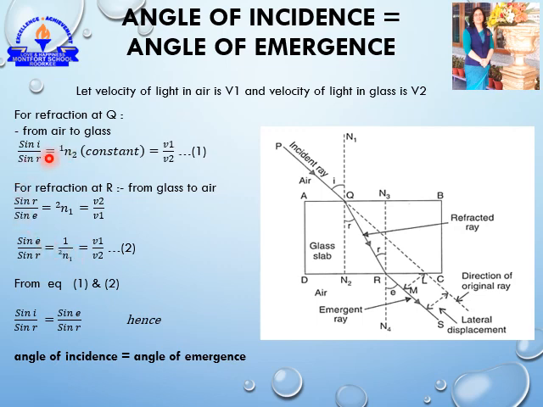So it will be sine i upon sine r is equal to sine e upon sine r. Now cancel out the common term here. Sine r and sine r are cancelling each other. Hence you are getting sine i is equal to sine e. Therefore angle of incidence comes out to be equal to angle of emergence.